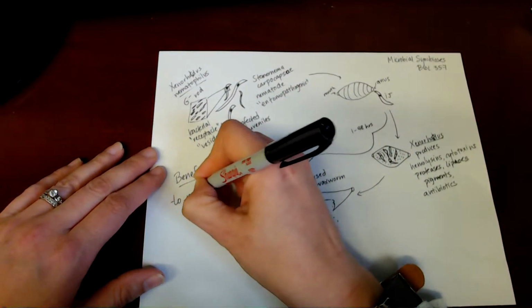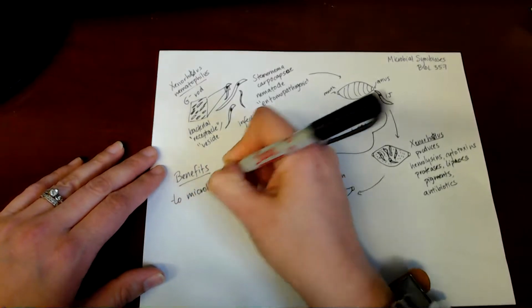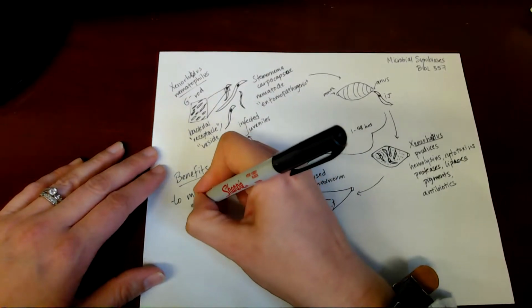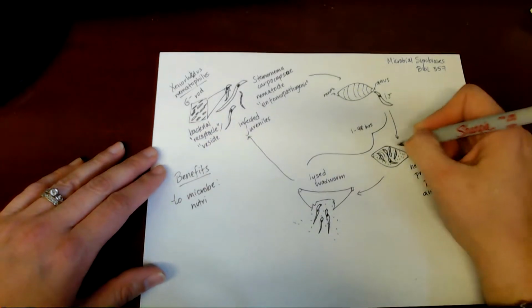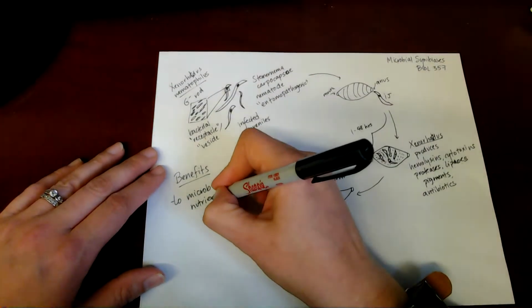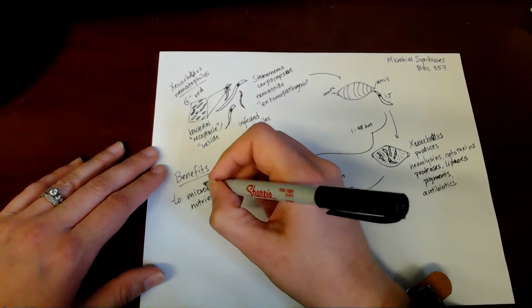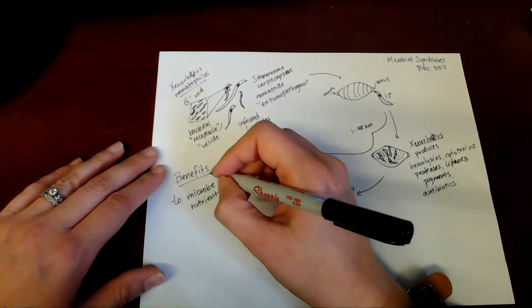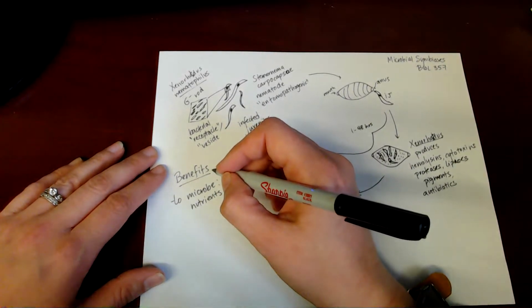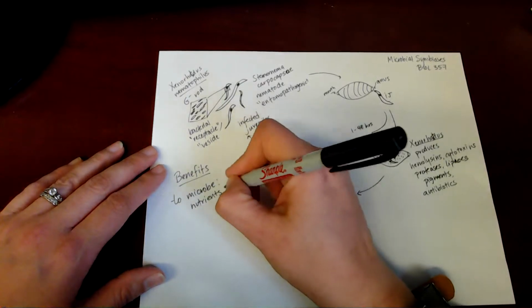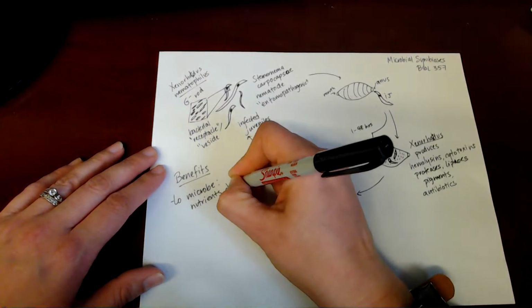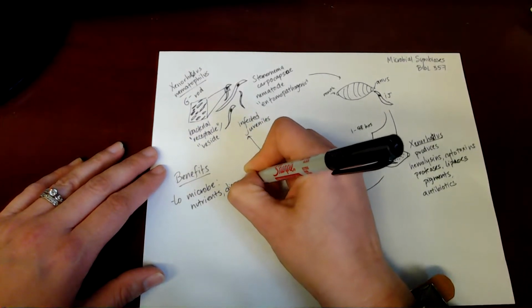So obviously to the microbe, Xenorhabdus, they're getting nutrients during the replication stage here, when they start lysing and degrading all the insect proteins and nutrients. The microbe also doesn't have to worry about living outside of a host.